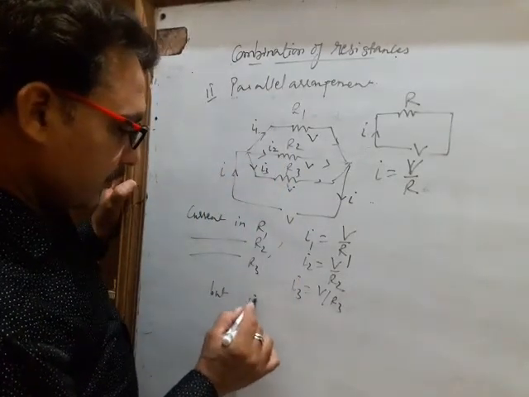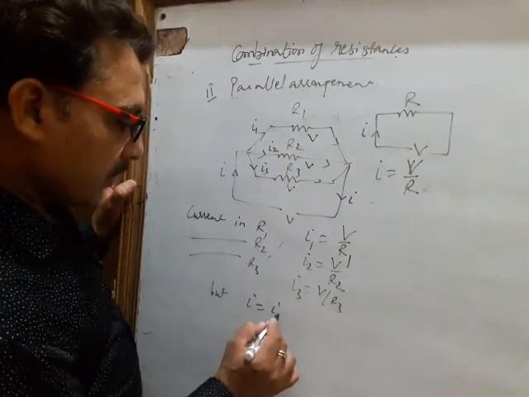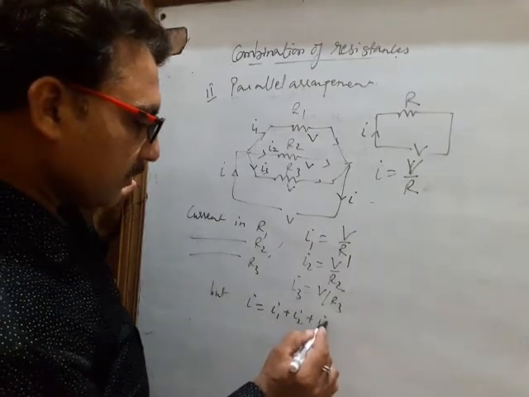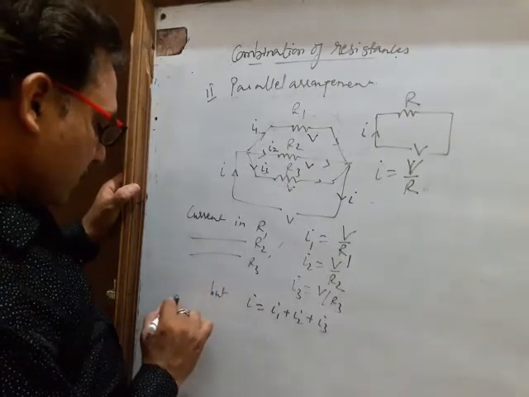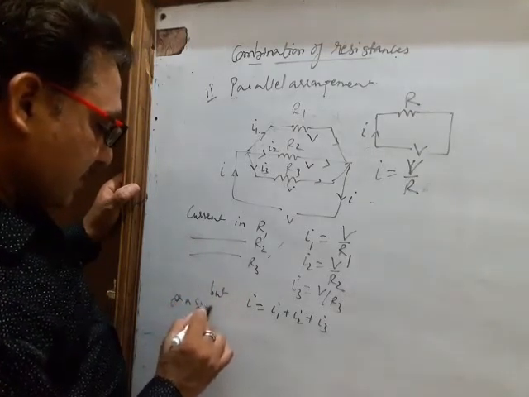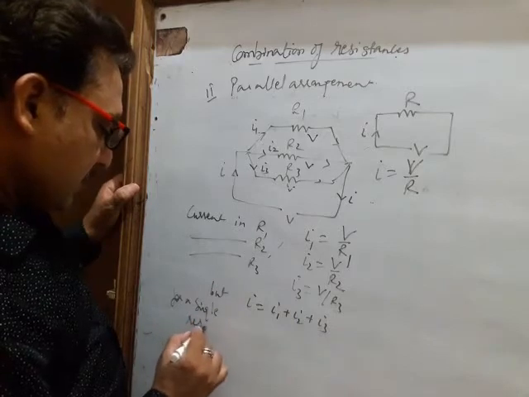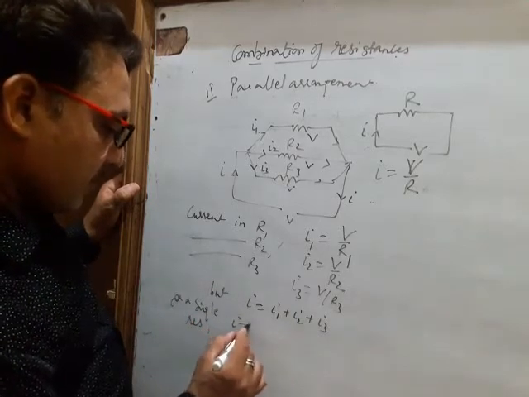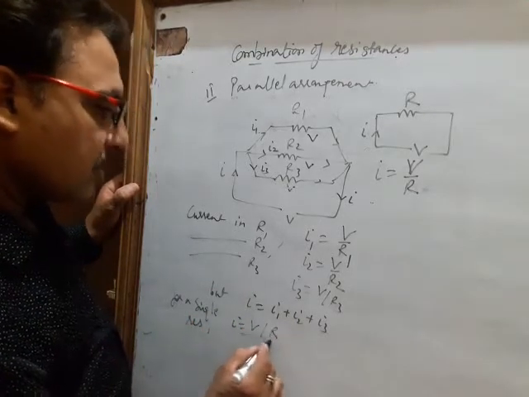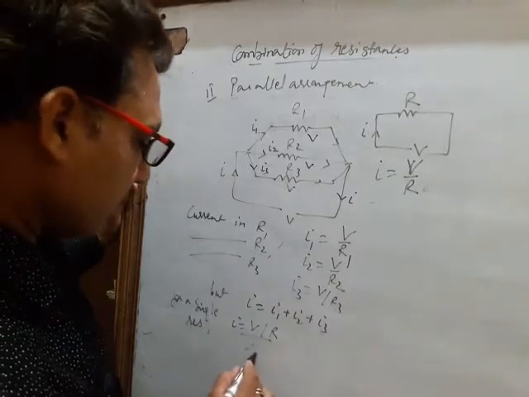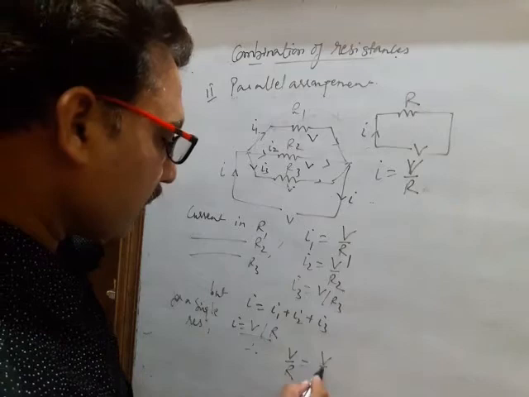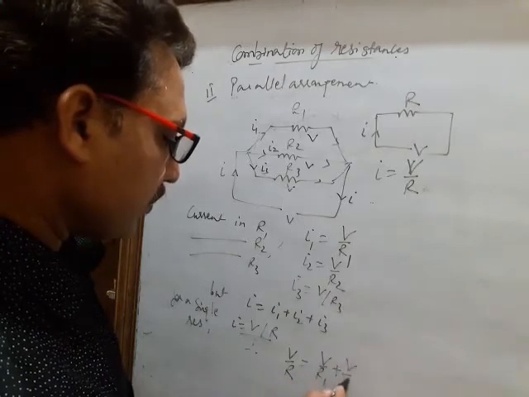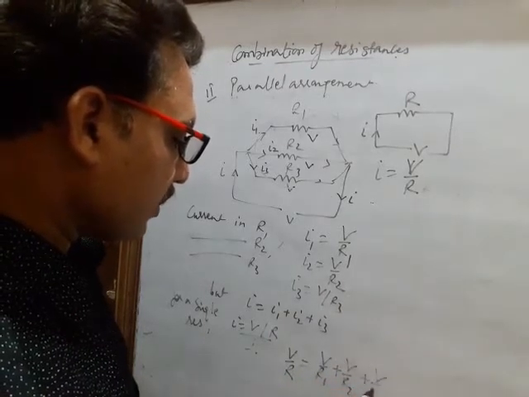So V upon R is equal to V upon R1 plus V upon R2 plus V upon R3.